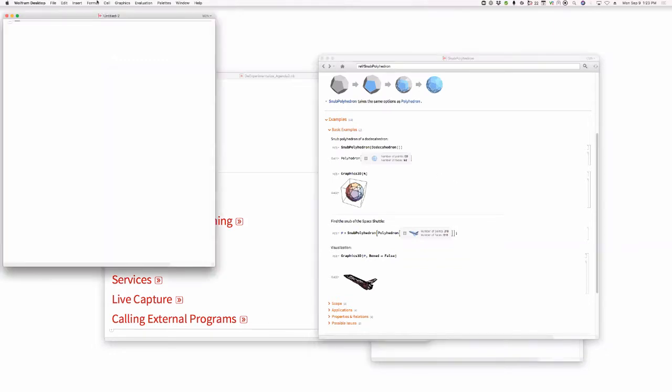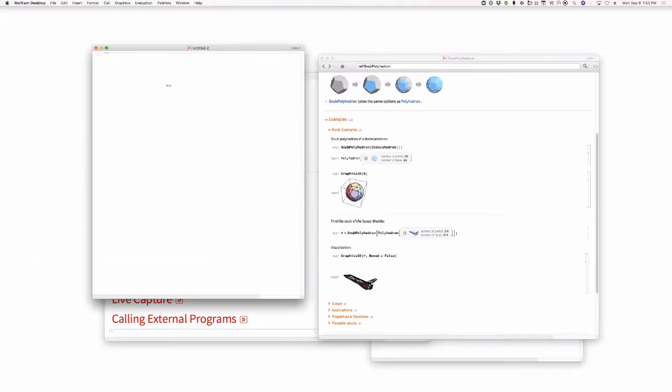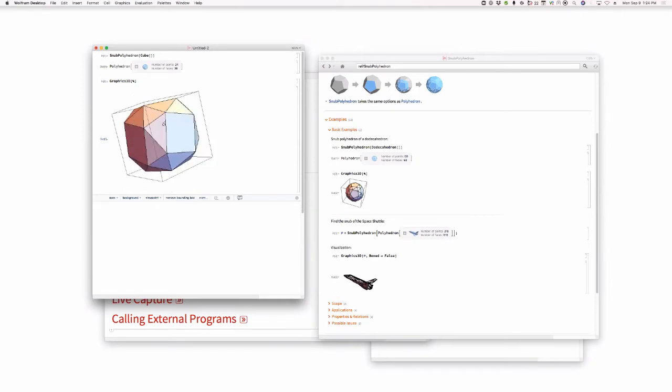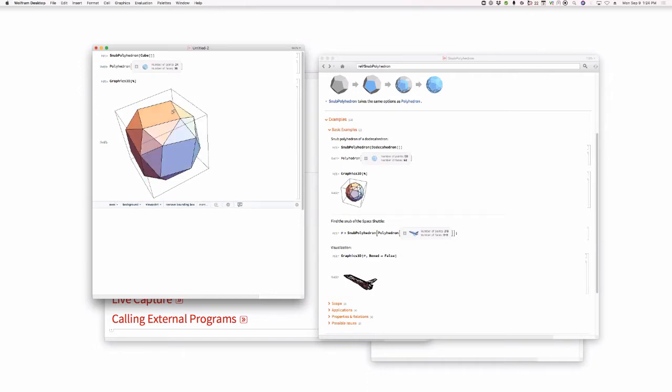So, I mean, the most famous creature is the snub cube. Okay. Is that right? That doesn't look right to me. No, look at it. It's not right.